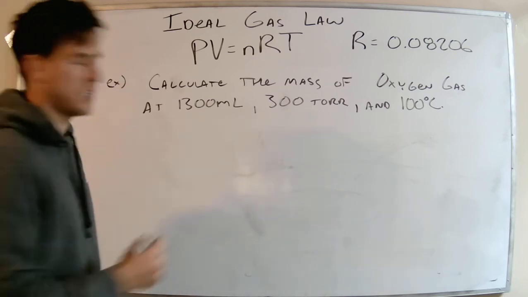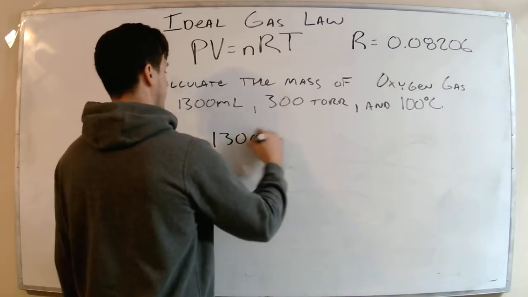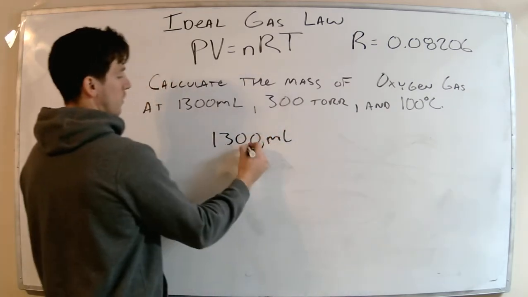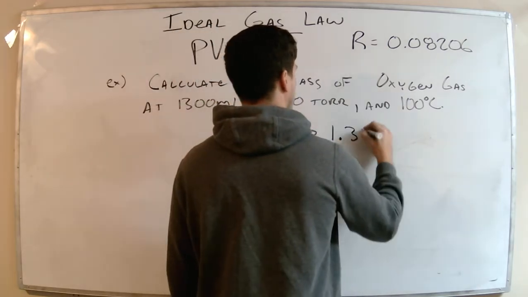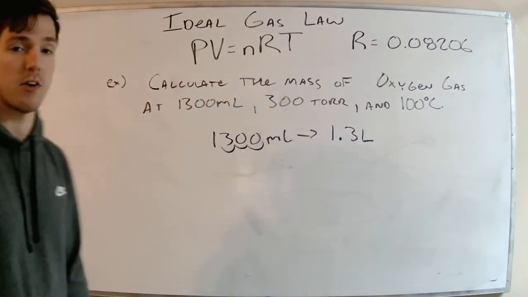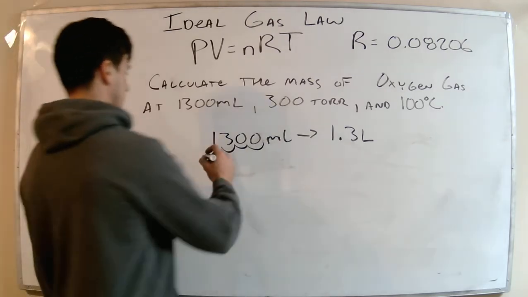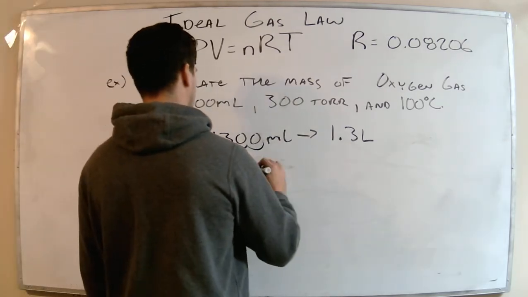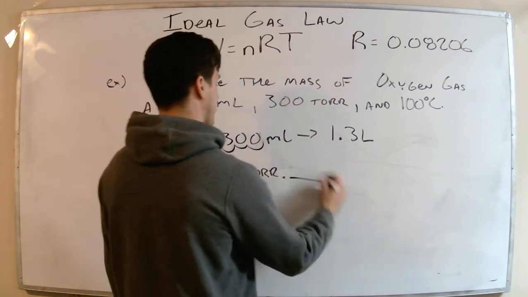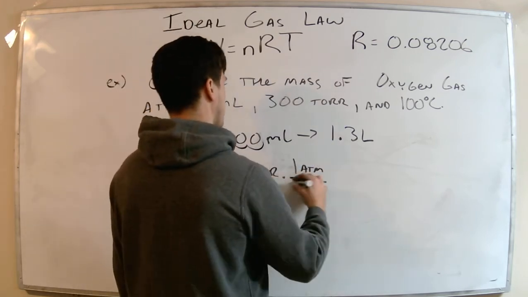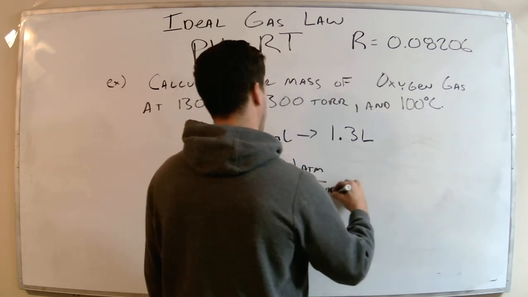Let's change this 1300 milliliters to liters. Pretty easy, just move the decimal three places to the left. So I now have 1.3 liters as my volume. Torr, named after Torricelli. If we look at our conversions, for every 1 atm, there's 760 torr.